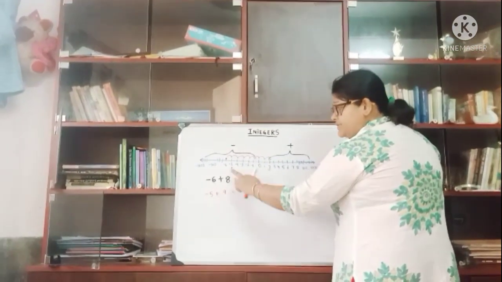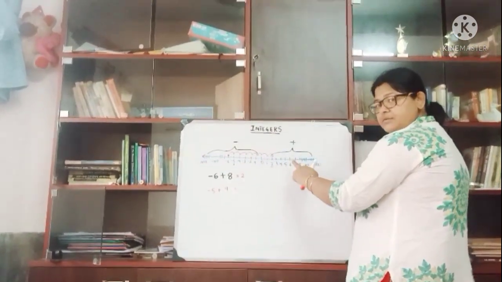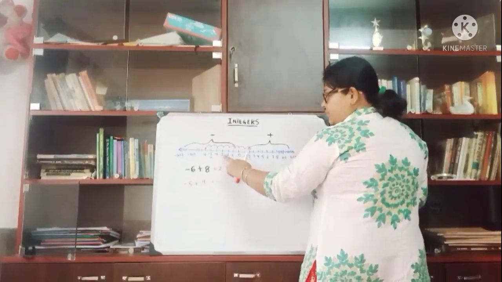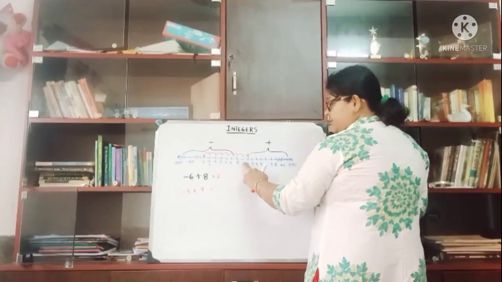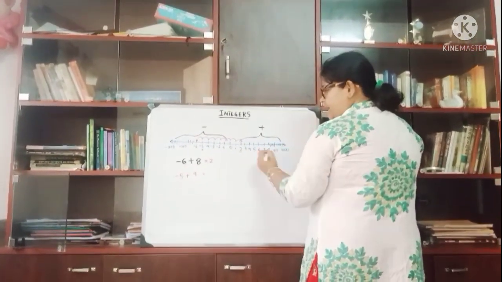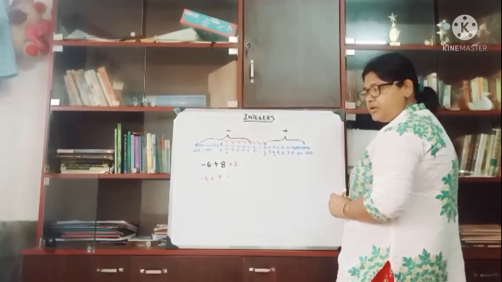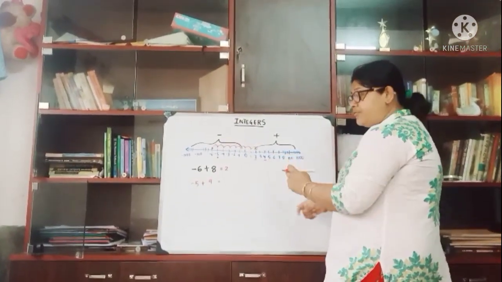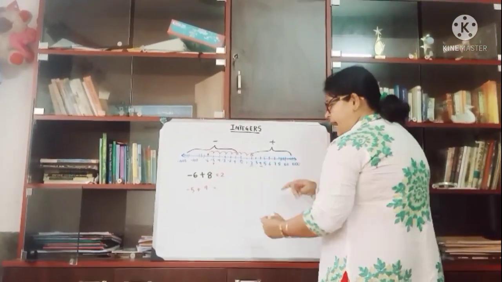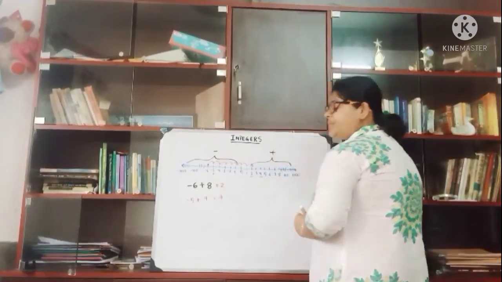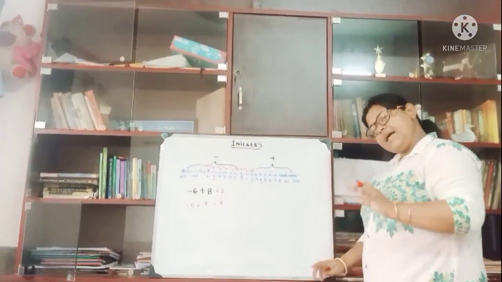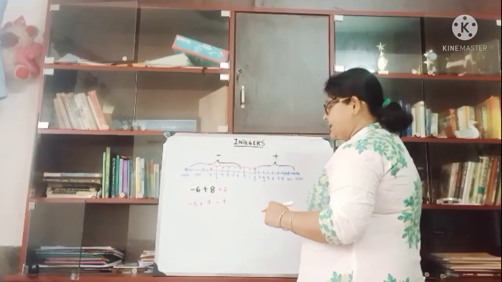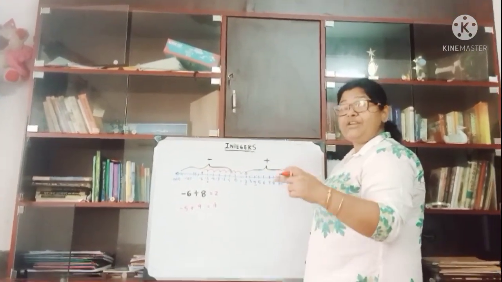Since it is positive, I will be jumping this side. 1, 2, 3, 4, 5, 6, 7, 8, 9. It actually stops at 4 after 9 jumps from minus 5. And so the answer comes to be plus 4. Clear? Now, let me set you another example on the reverse side.